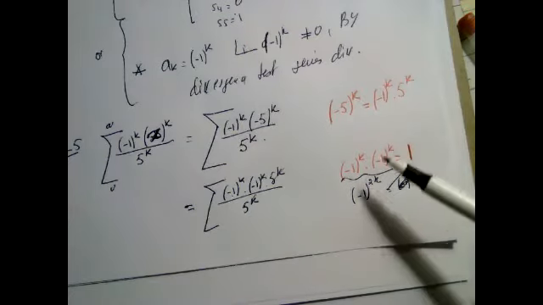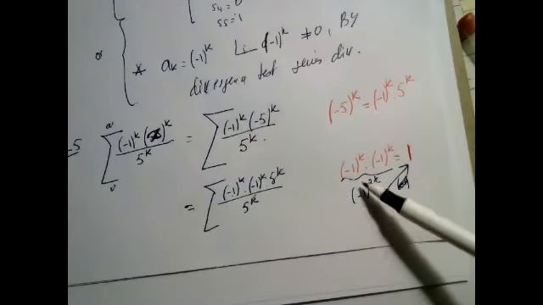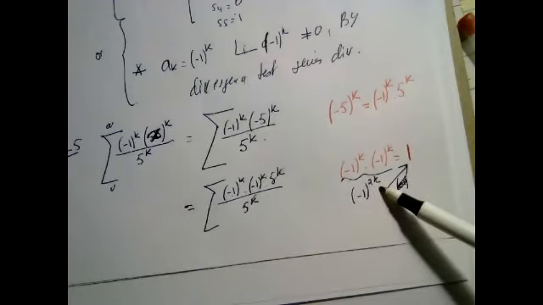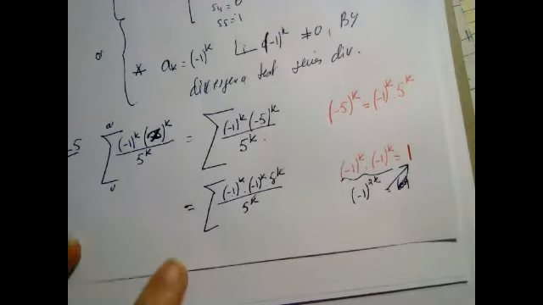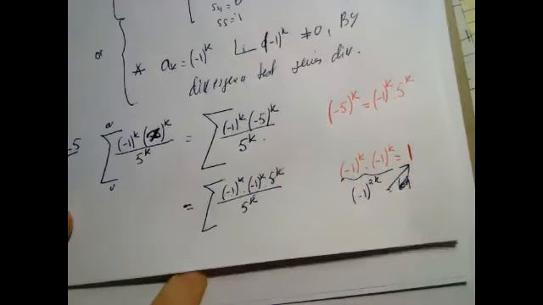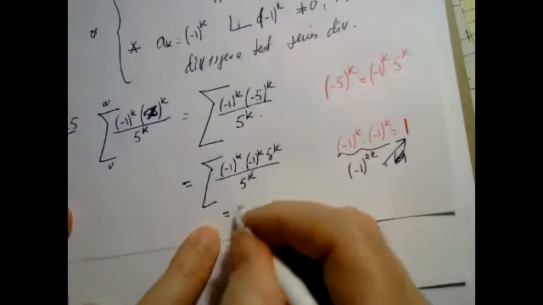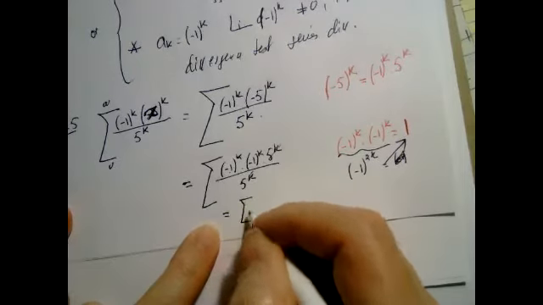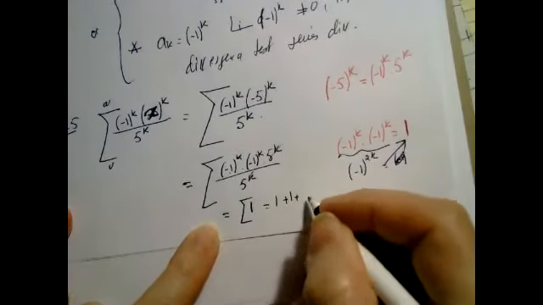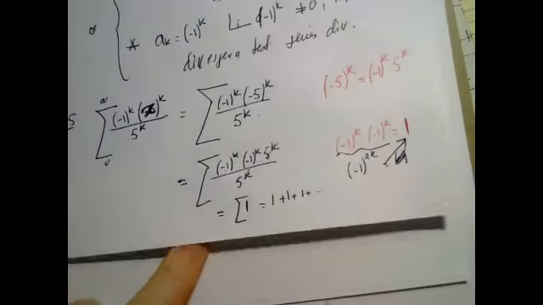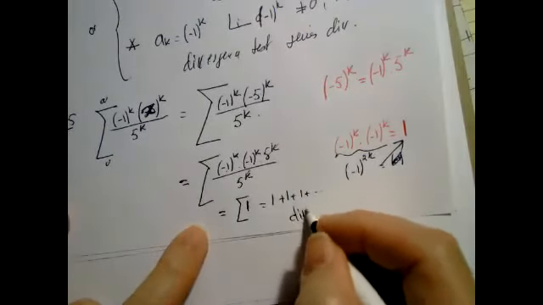So another way you can think of it: 2k is an even number. If you take -1 to an even number, you definitely get 1. So this finally will give me sigma of 1. Sigma 1 means 1 plus 1 plus 1, etc., which of course diverges.